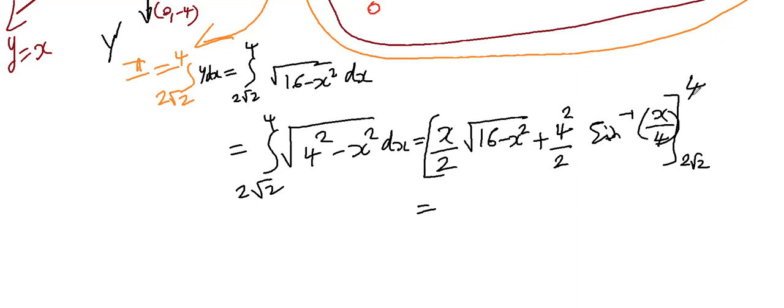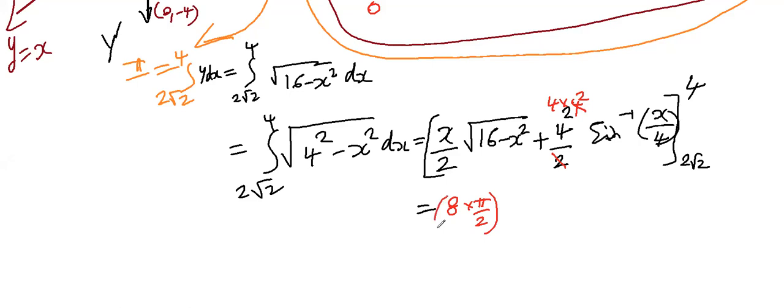First substitute the value 4. The square root of 16 minus 4 square is 0, so that term becomes 0. Then 4 square by 2 is 8, and sine inverse of 1 is pi by 2, so it will be 8 into pi by 2. The upper limit is done.